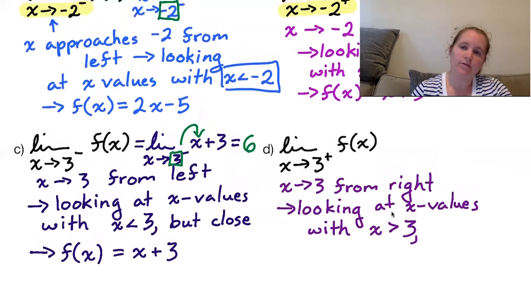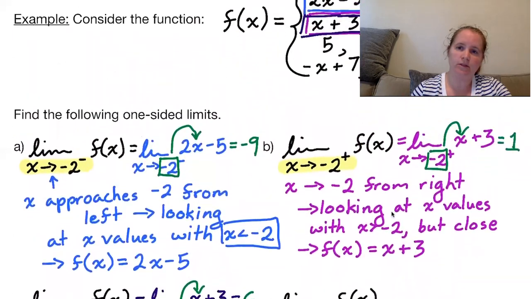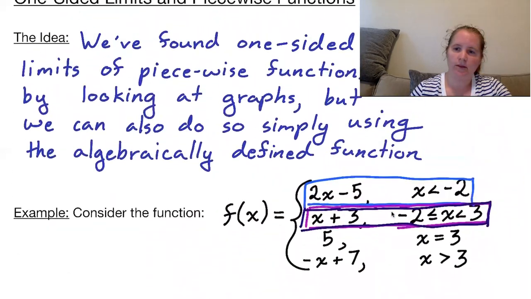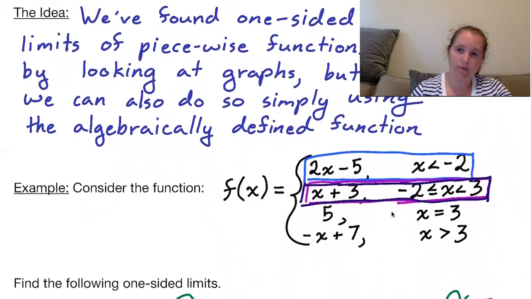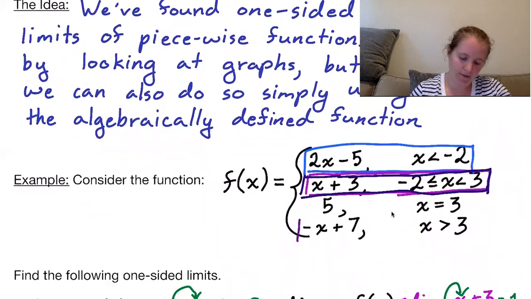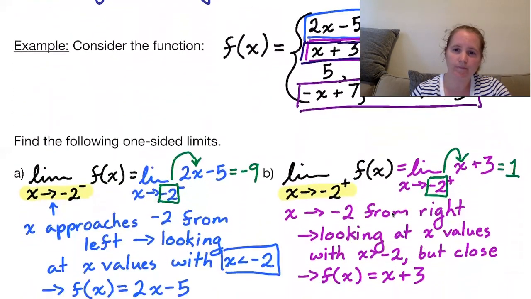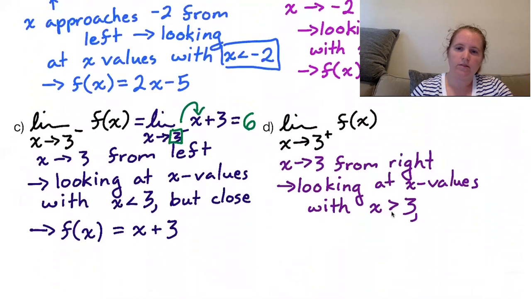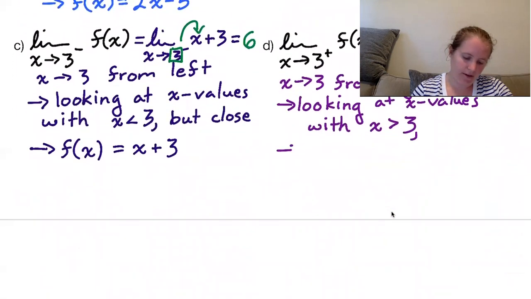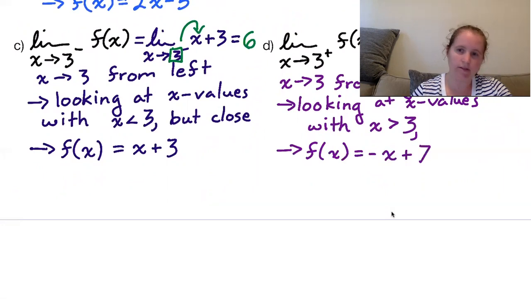If we scroll back up to our piecewise function, when we consider x greater than 3, that's that last row, and f of x is behaving like -x plus 7. So in this area, f of x is simply acting precisely the same as -x plus 7.